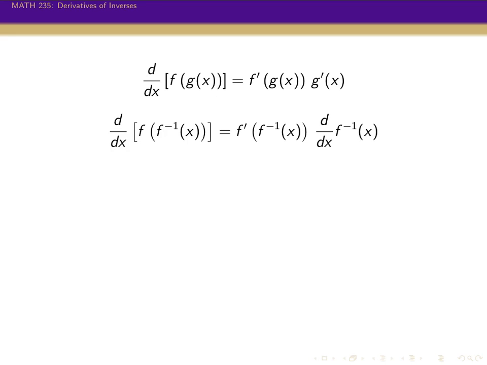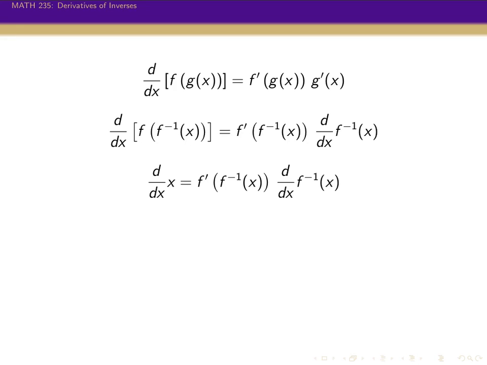On the other hand, we have a function with its inverse plugged into it. And by definition of the functional inverse, these two cancel themselves off, and so really on the inside we're just taking the derivative of x. So on the left-hand side we're just taking the derivative of x.